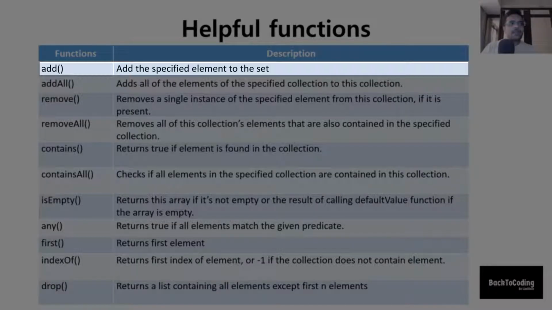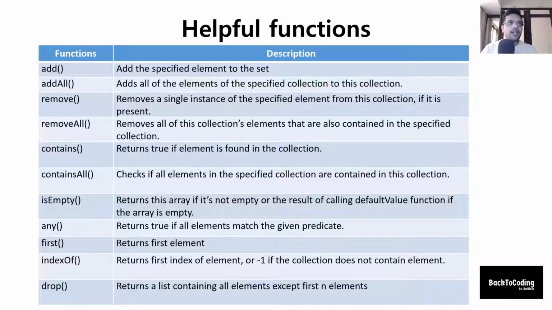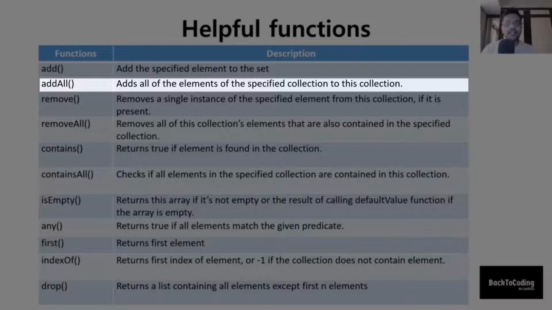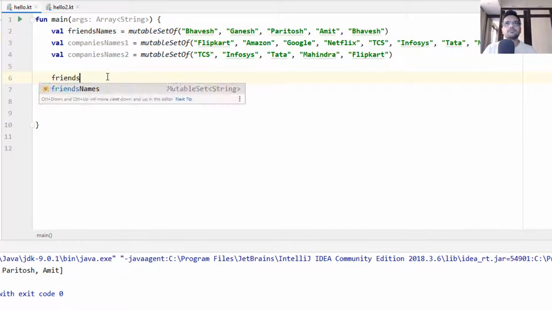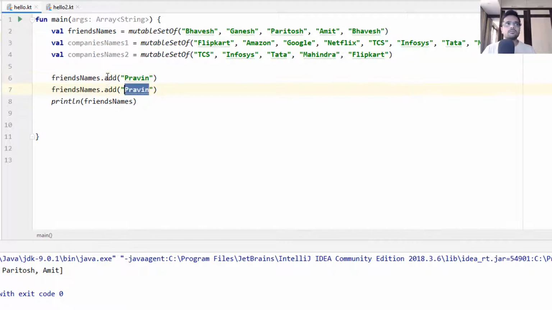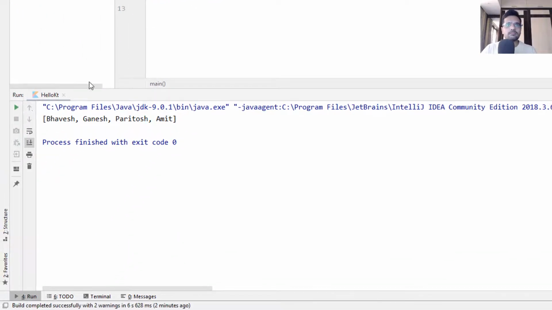The add function adds an element to our mutable set, whereas the addAll function adds an entire collection to another mutable set. Here the add function has successfully added Praveen and Kiran to our friends mutable set.